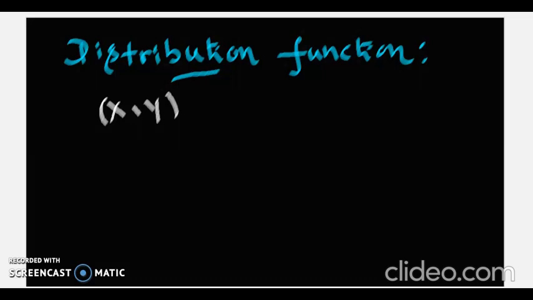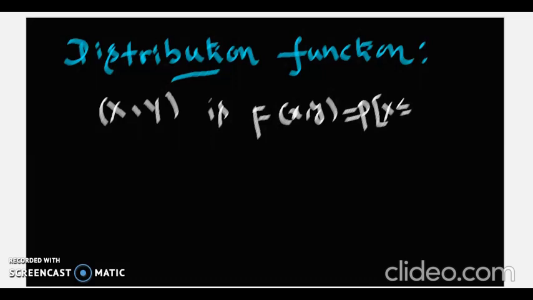The distribution function is a real valued function, capital F of x comma y, and it is defined as the probability of capital X less than or equal to small x, capital Y less than or equal to small y, for all x comma y real numbers.